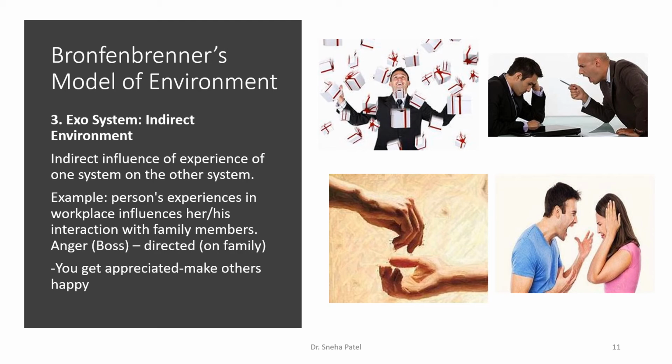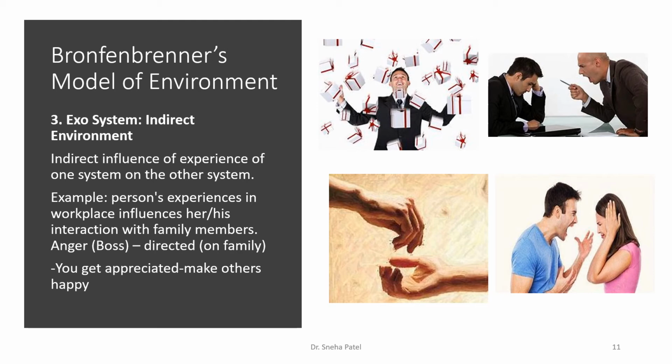So he feels so happy. Then after he leaves the office, while going home, he meets somebody who is needy. So he gives some money to that needy person. What is happening? The happiness of one system is extending to the other system.